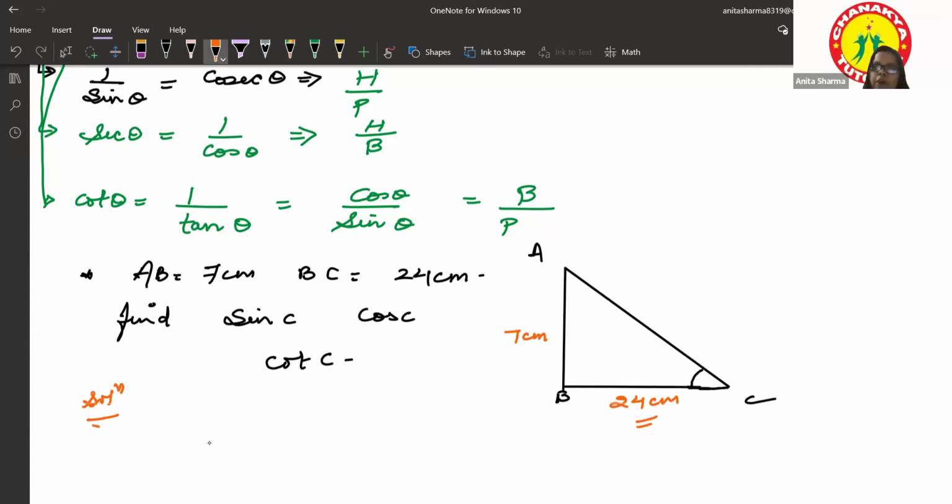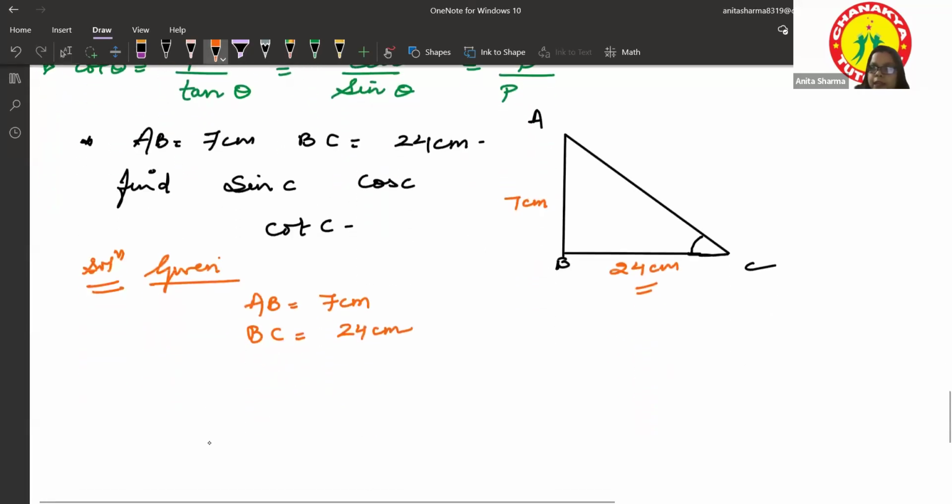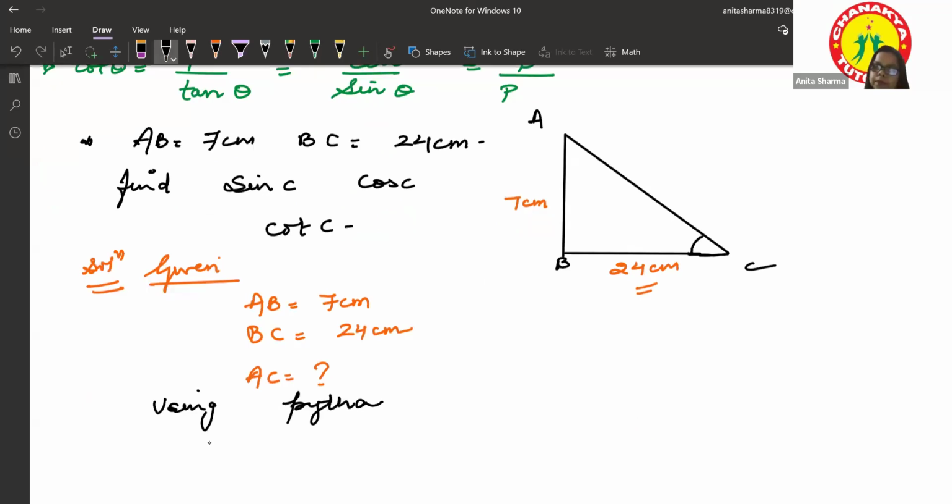Yes. So first of all, in each and every question, children, make sure that you write what is given here. So we have given AB is equal to 7 centimeter, BC is equal to 24 centimeter. And then we will find AC. So we will write using Pythagoras theorem.